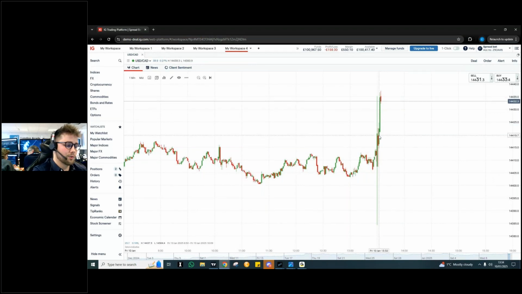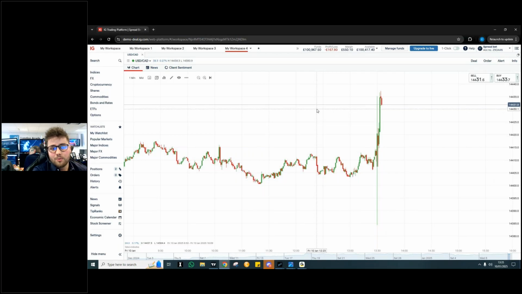How you choose to manage your risk during a data release is something to think about. You could do 0.5% on either side, so worst case scenario, you only ever lose 1% of your total account, which would be the same as one trade. So if you want to think about it in the worst case scenario, that would be the way to do it: 0.5% on either side to limit your potential risk.